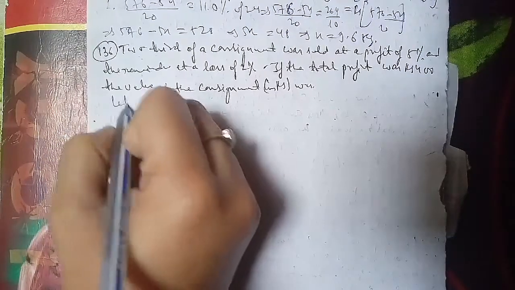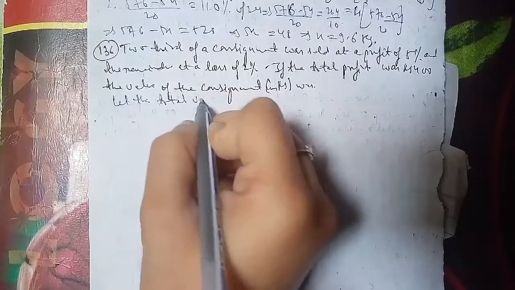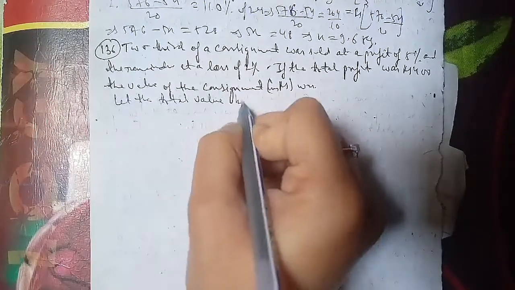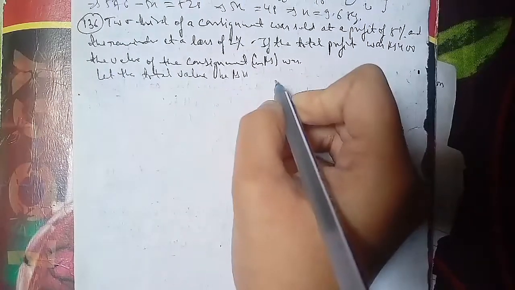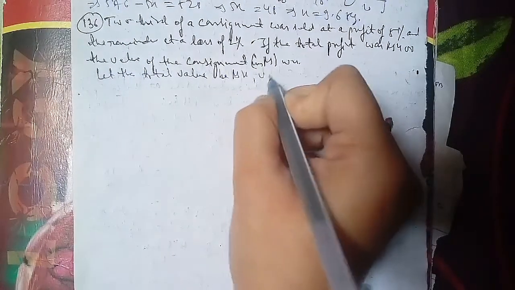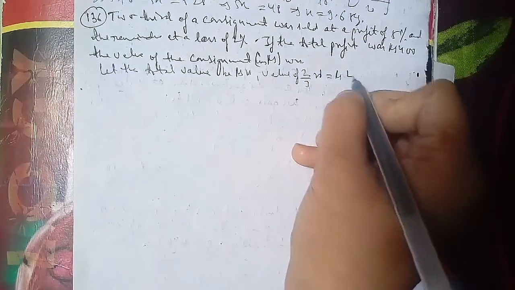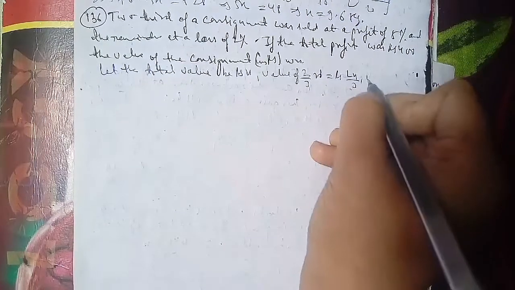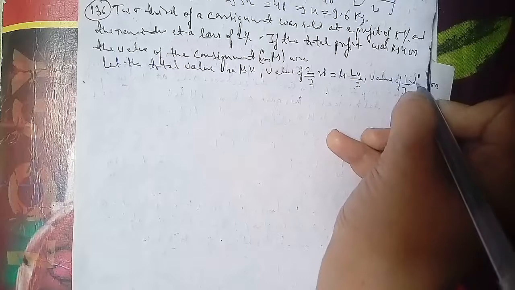Let the total value be rupees x. Value of 2 by 3rd equals rupees 2x upon 3. Value of 1 by 3rd is equal to x by 3.